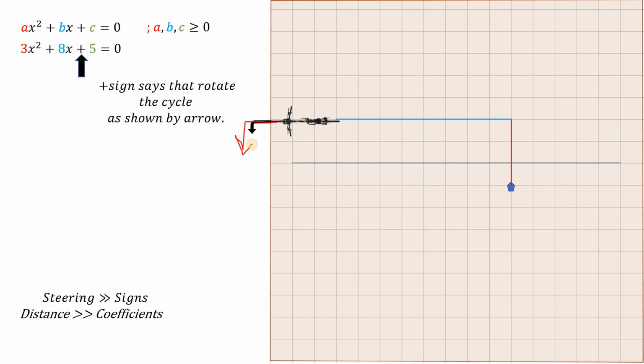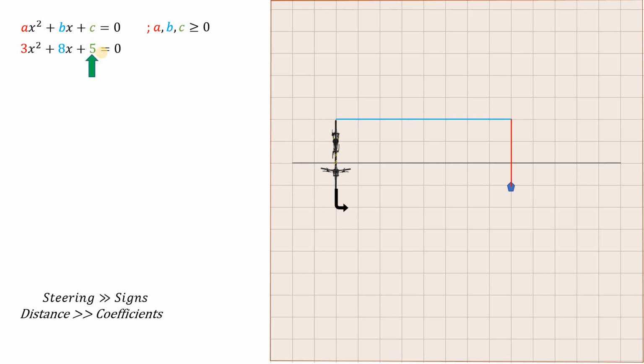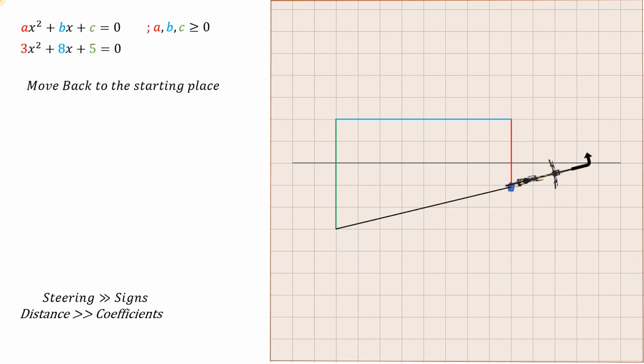So this arrow is going in this direction, so rotate it. Then the turn of 5 comes. Then move a distance of 5 units by riding the bicycle. At last, just move back to the starting place like this. By doing this process you have made a quadrilateral.